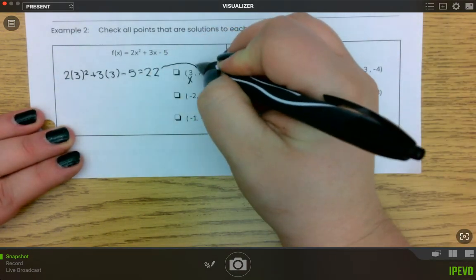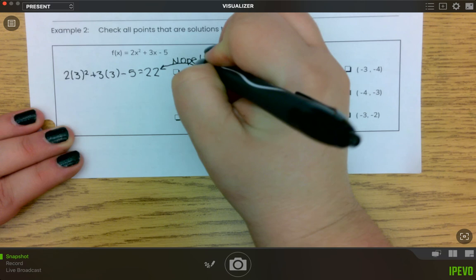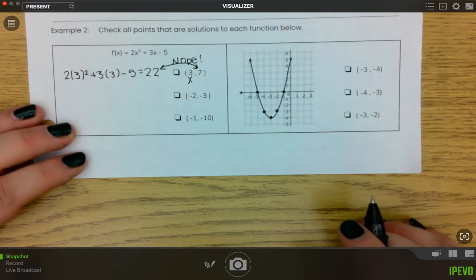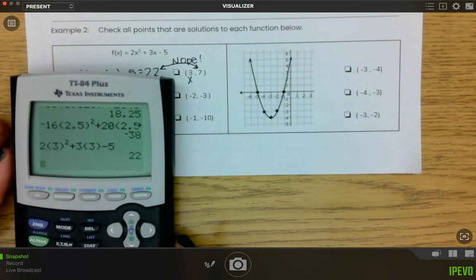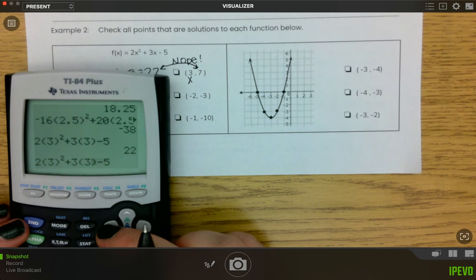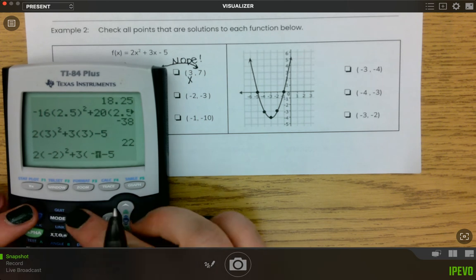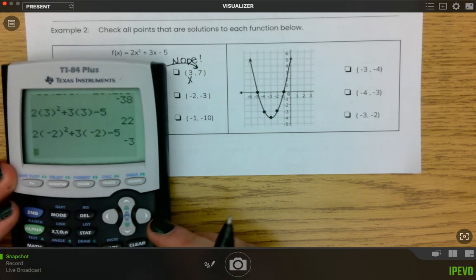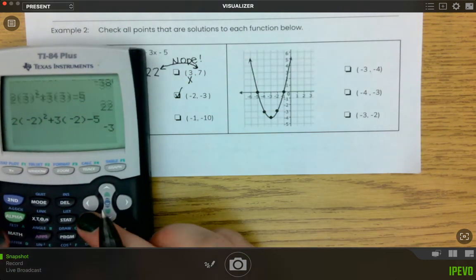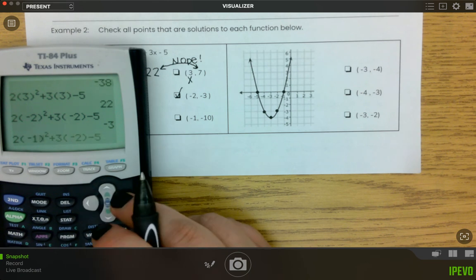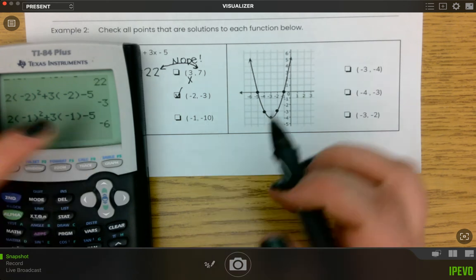Are these two numbers the same? Nope. So that one's not a solution. Then you do the same thing, but you plug in negative 2. So I'm just going to go back and change the number in my parentheses to negative 2. And that gives me negative 3. Do these match? Yes. And then do the same thing, but with negative 1. Do these numbers match? Nope.